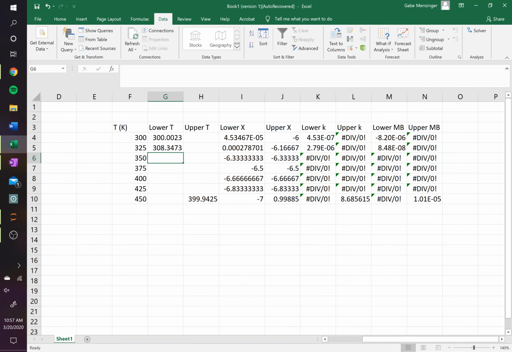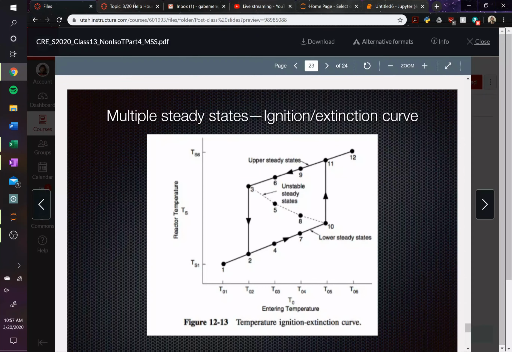So the problem is I've stretched this lower and upper K, X, and mass balance things for the whole thing. But the truth is that this lower T isn't going to stretch all the way to 450. If we go back to this example for the ignition extinction curve, it's going to reach a point where it's just going to explode.